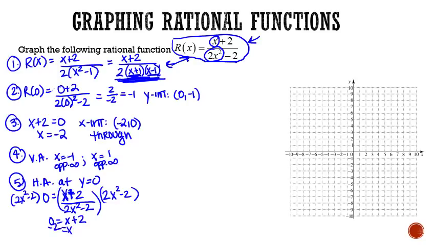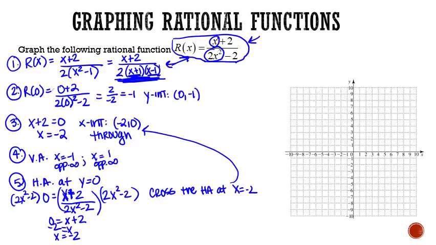When I subtract 2 from both sides, I get x equals -2. So I will cross that horizontal asymptote at x equals -2. Which makes sense because the horizontal asymptote has a y value of 0, and I already found that point. When y is 0, x is -2.